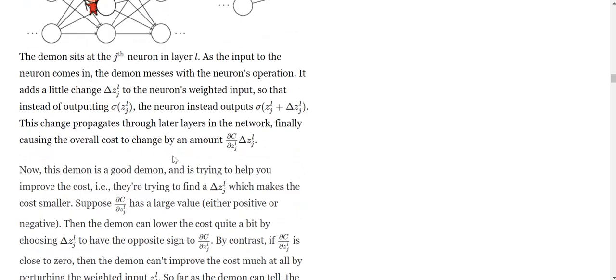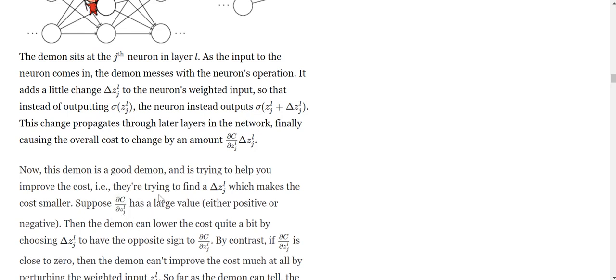So now this daemon is a good daemon and is trying to help you improve the cost. That is, it is trying to find a value of delta z_j^L which makes the cost smaller. Suppose the partial derivative of C with respect to z_j^L has a large value, either positive or negative. Then the daemon can lower the cost quite a bit by choosing delta z_j^L to have the opposite sign. Essentially you want to minimize the cost function, right?